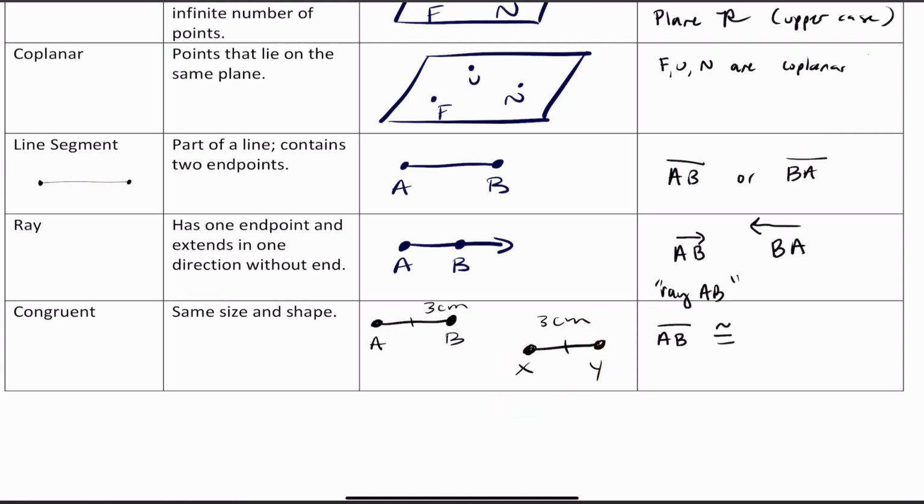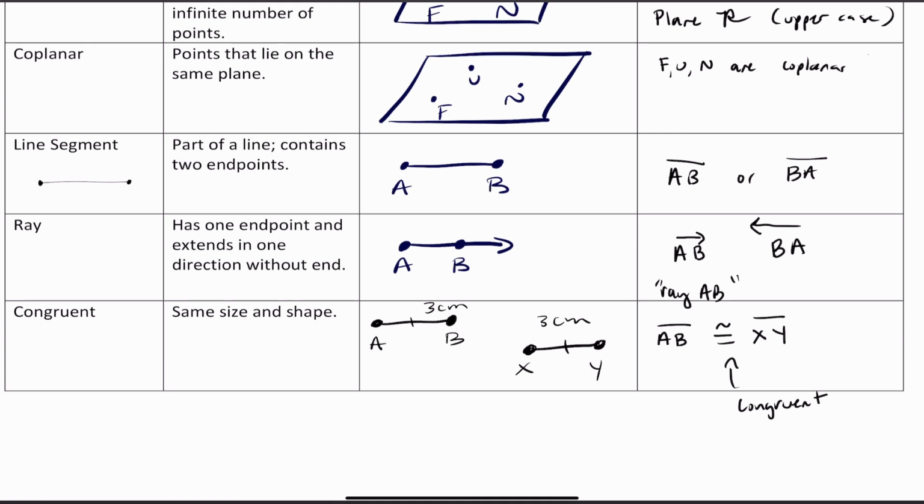How do you name this? Well, I see the 2 points. They have endpoints. So we call that XY, and put a bar above that. This symbol here, this is how you're supposed to write the word congruent. So this is just another way of saying congruent.